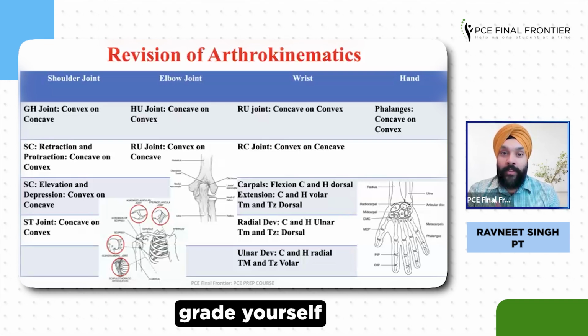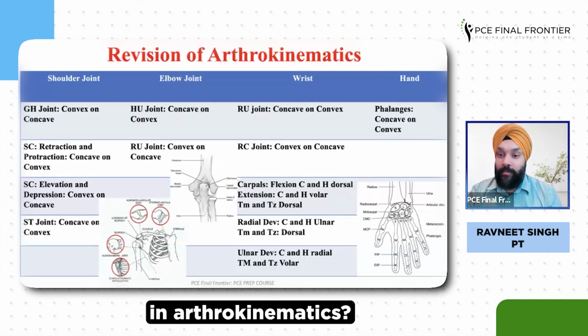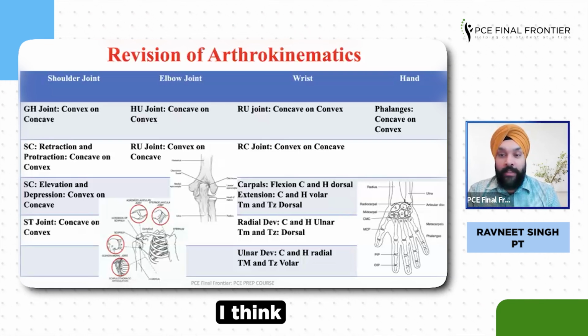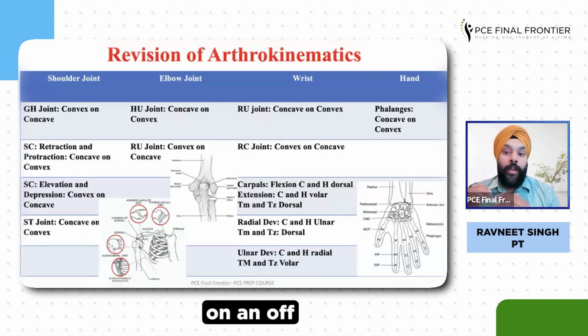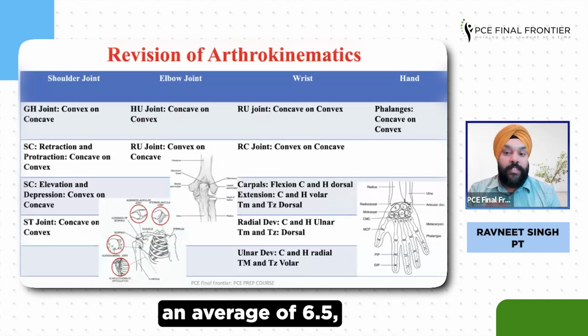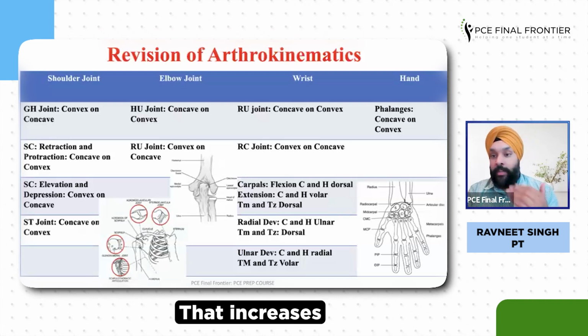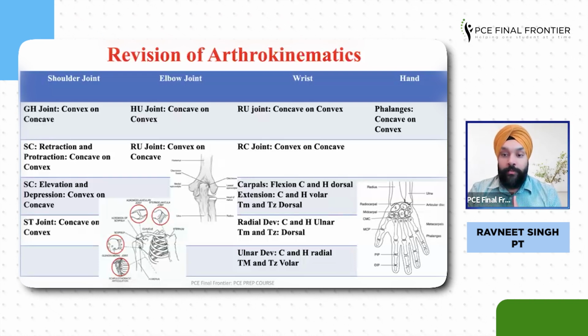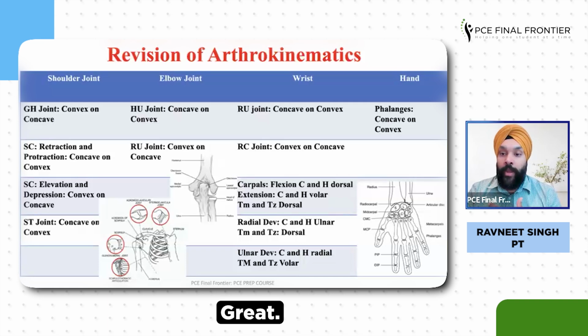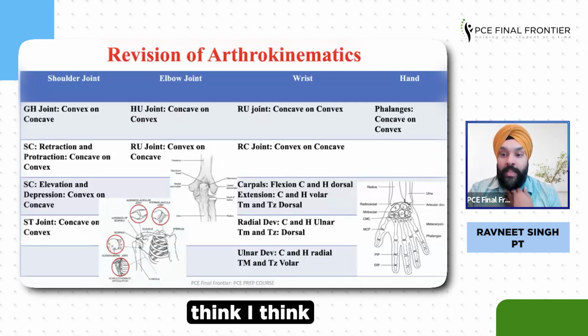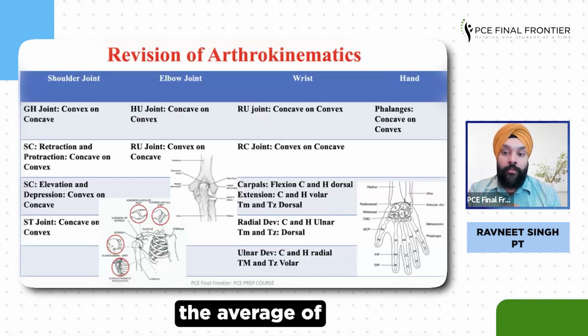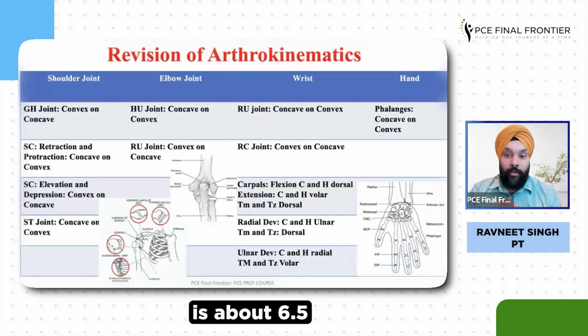How do you grade yourself in arthrokinematics? I think we're looking at the high numbers of an average of 6.5, if I'm not wrong. We have few 10s that increases our average, few 8s. Great. Yep, I think it's safe to say the average of today's group is about 6.5 or 7.